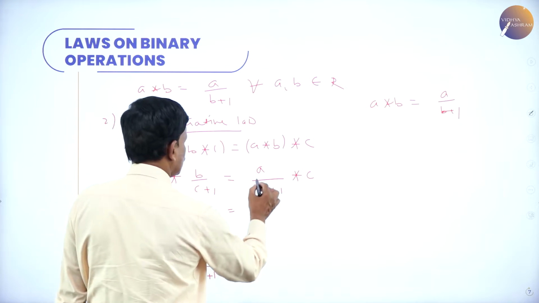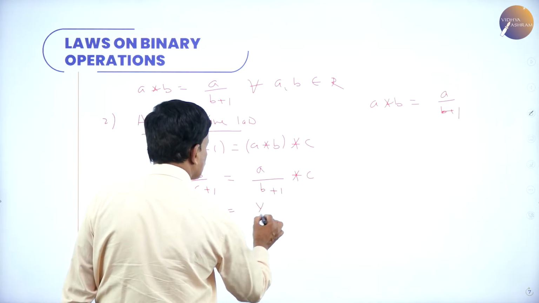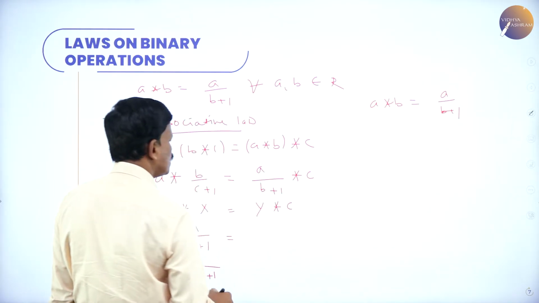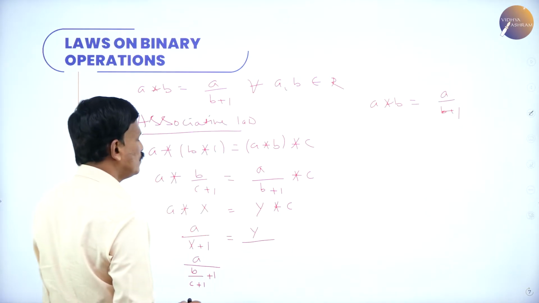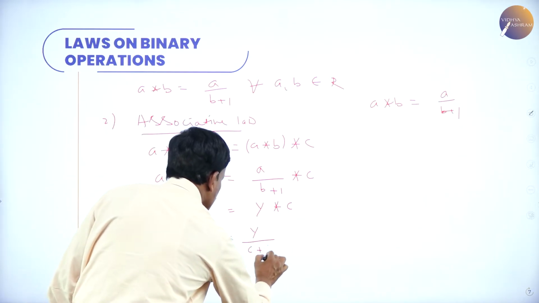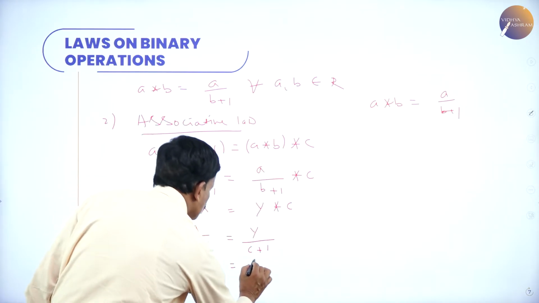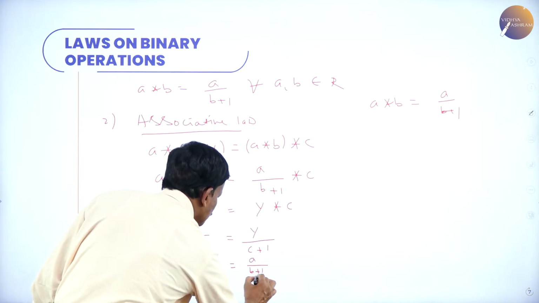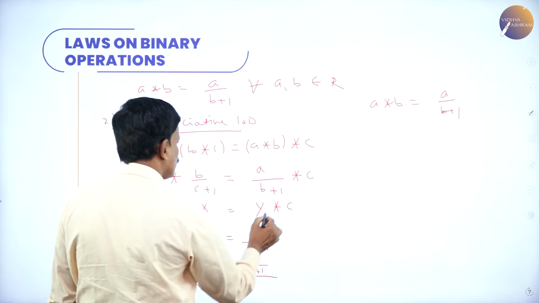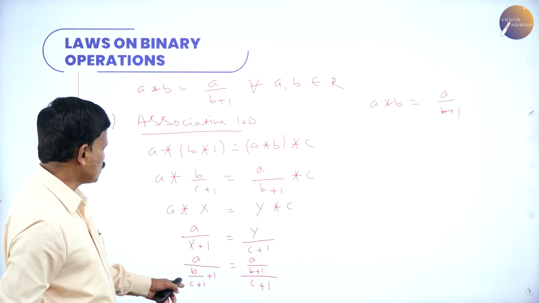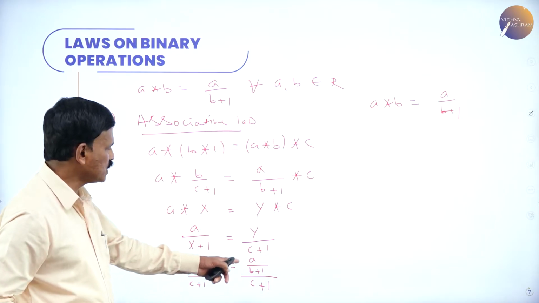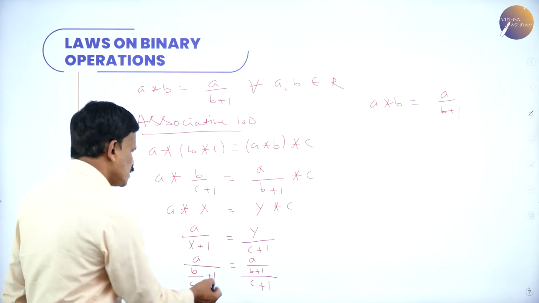On the other hand, if I consider this as Y star C, this is nothing but Y divided by C plus 1. So what is Y? Y is equal to A by B plus 1. Definitely this is A by B plus 1 divided by C plus 1.